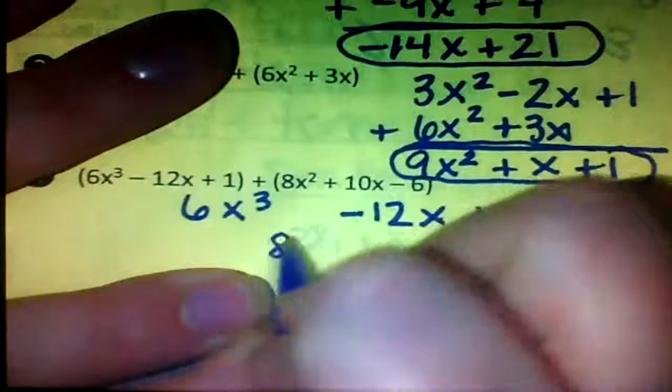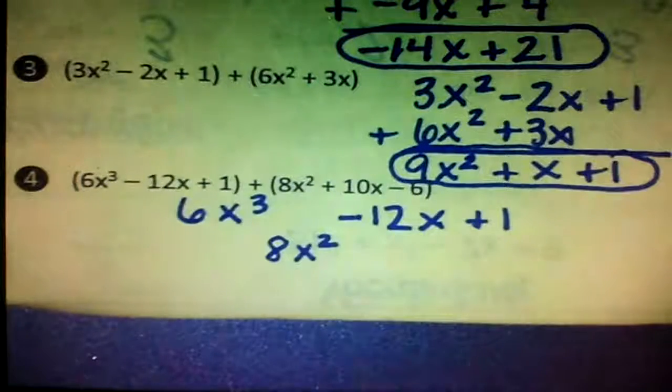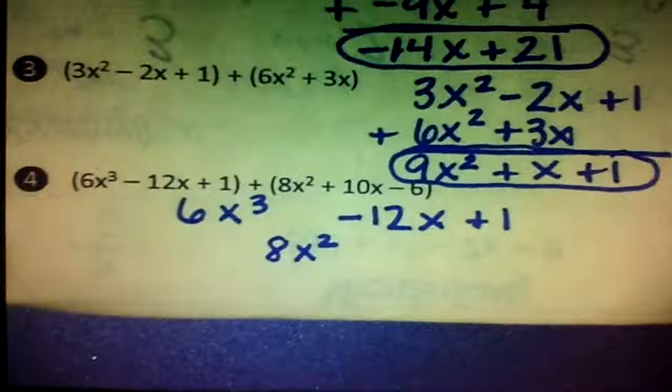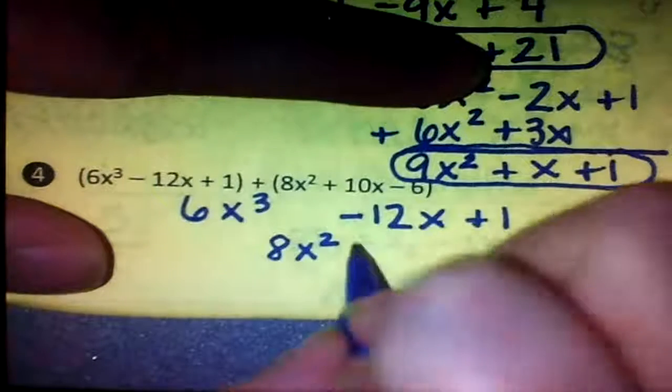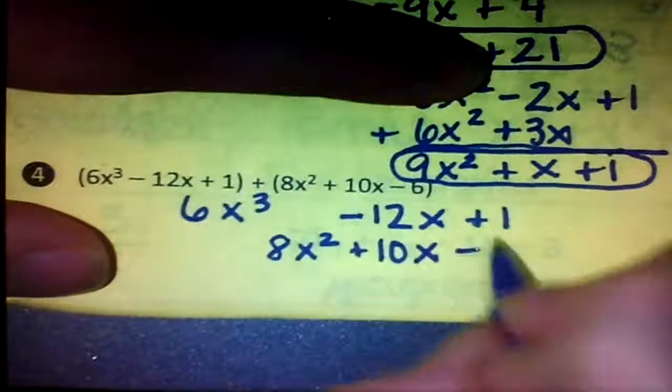So that goes here because it doesn't go with any of the terms from my first polynomial. Does that make sense? Okay, it doesn't have a like term in the first one.